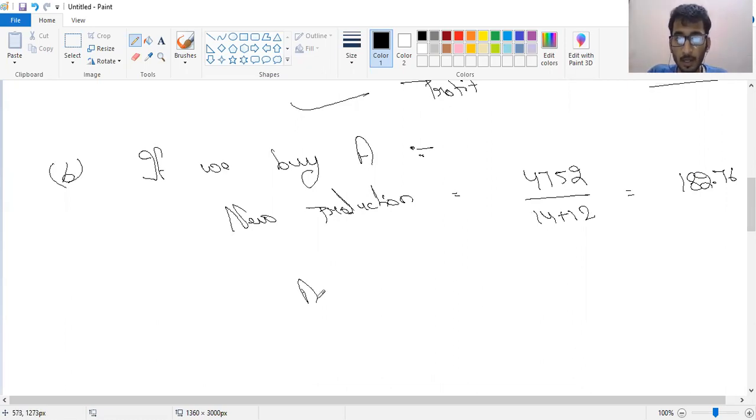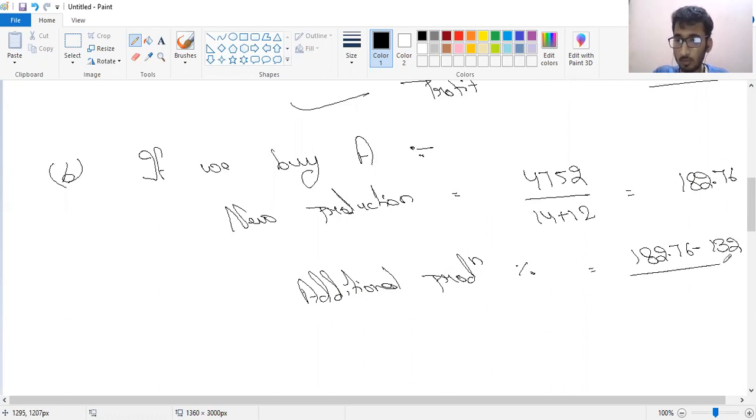So additional production percentage. I would say that 182.76 minus 132 divided by 132. Basically, currently we are manufacturing 132.